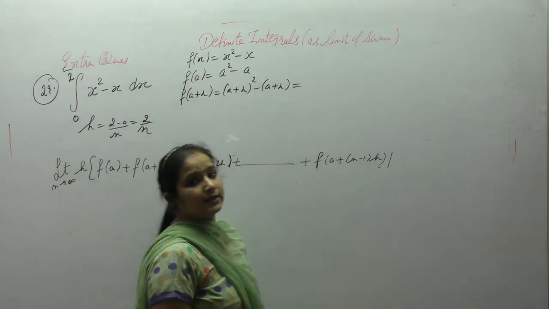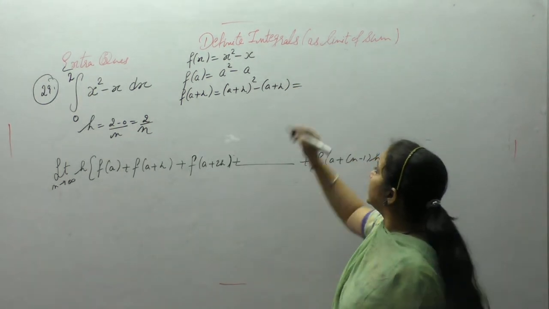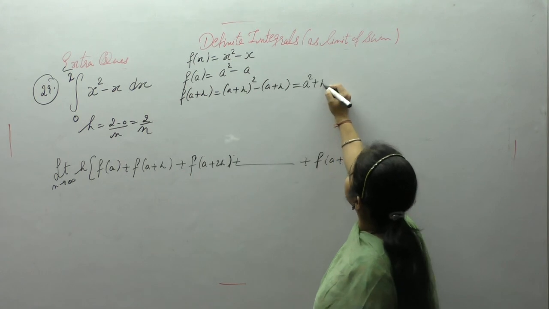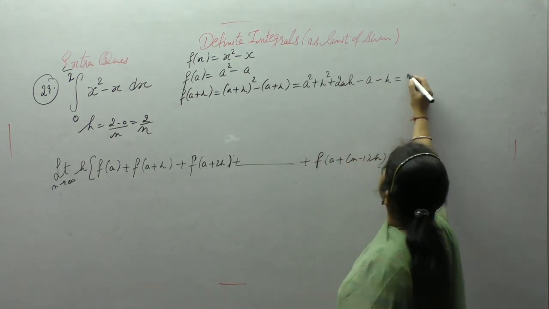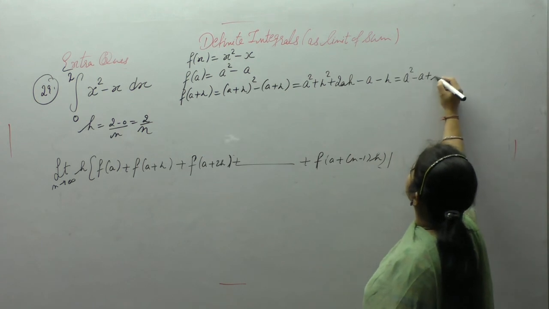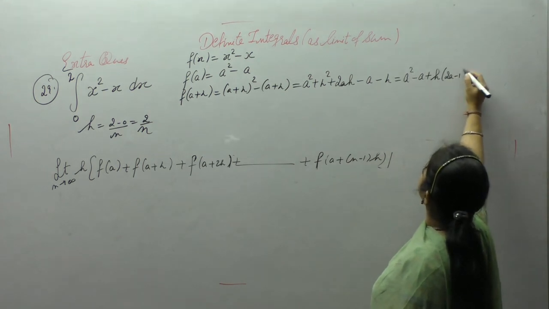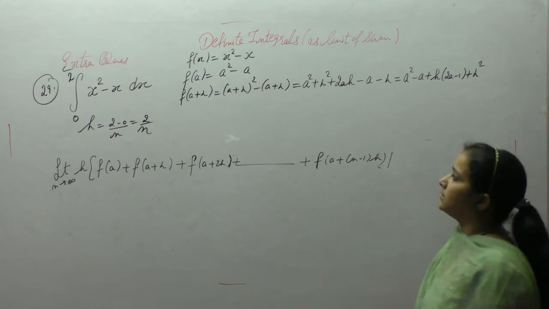Open the bracket. (a plus b) whole square is equal to a square plus b square plus 2ab. a square minus a, in terms of h, (2a minus 1) h plus h square.